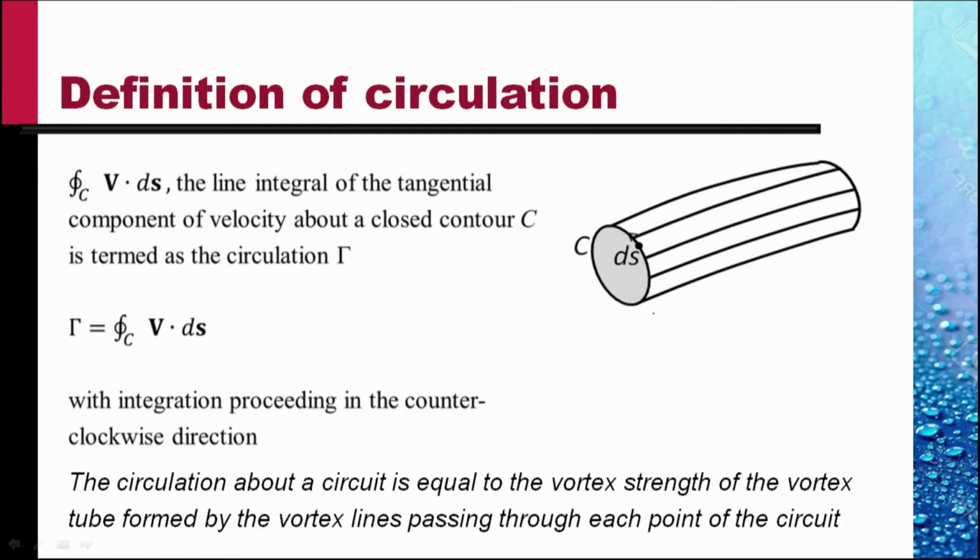The circulation about a circuit equals the vortex strength of the vortex tube formed by the vortex lines passing through each point of the circuit. So we start with the circuit C, then the circulation about the circuit C is equal to the vortex strength of the vortex tube formed by the vortex lines passing through each point of the circuit.